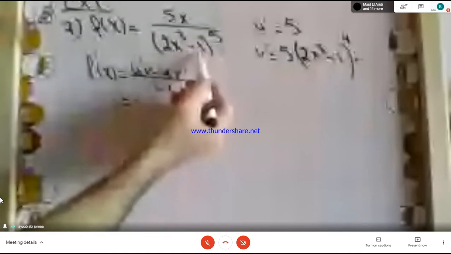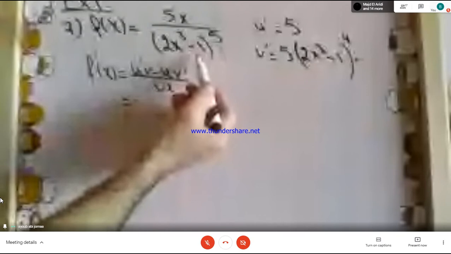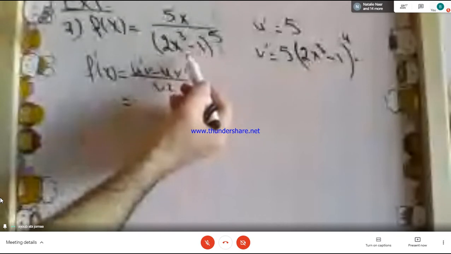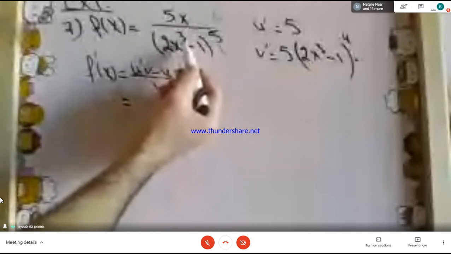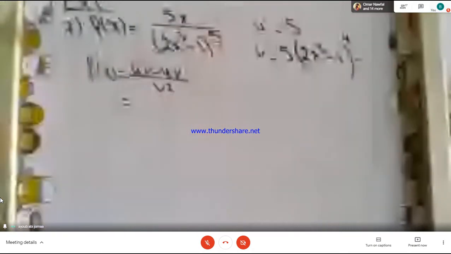The derivative of the inside. Derivative of 2x power 3 is 6x power 2.